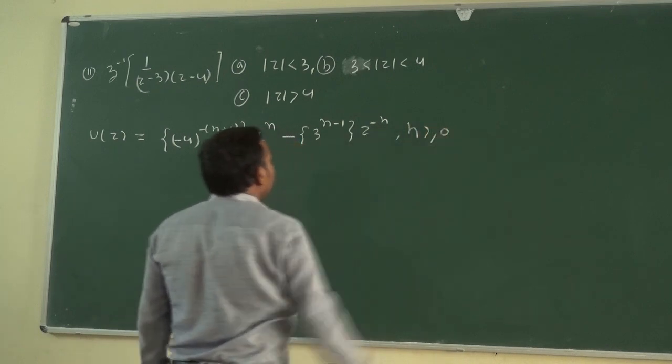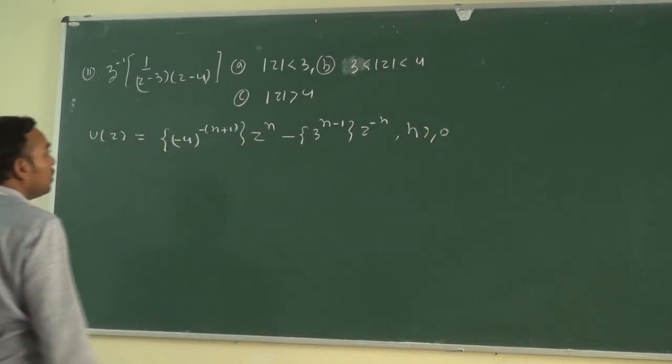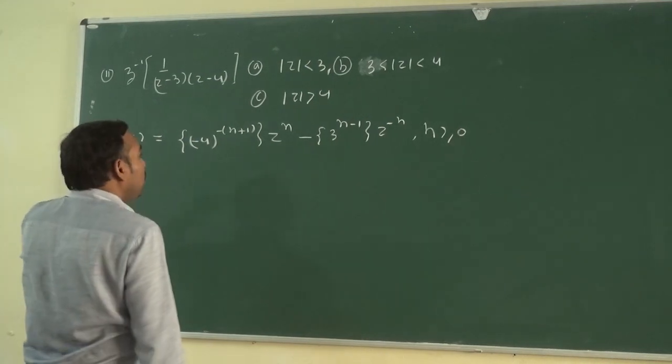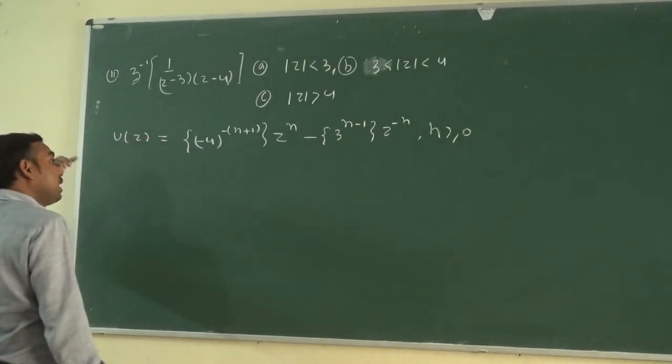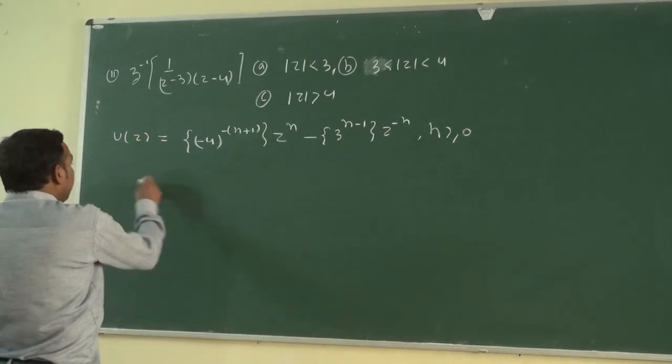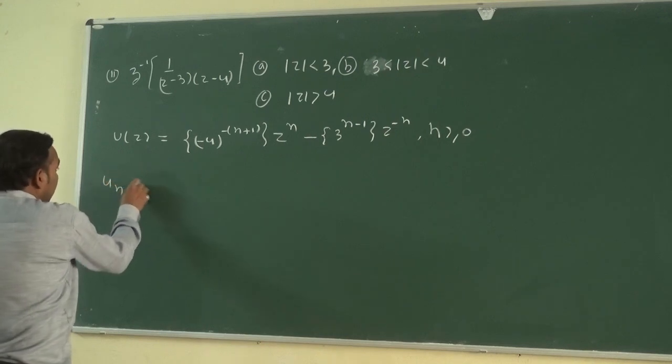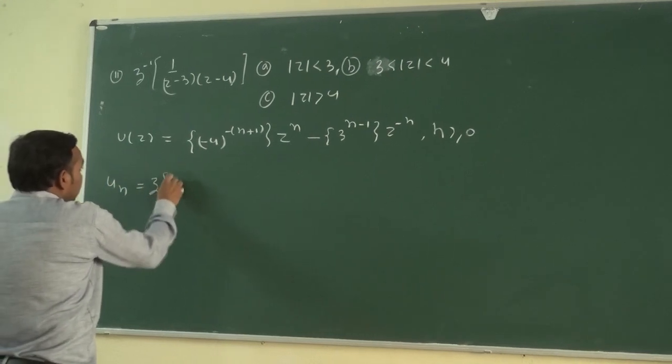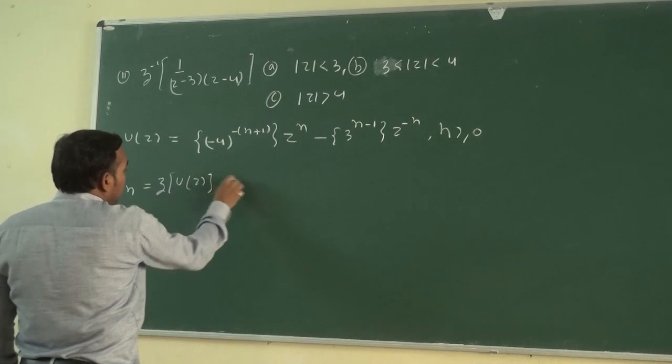So we can say u n is the inverse z transform of u of z.